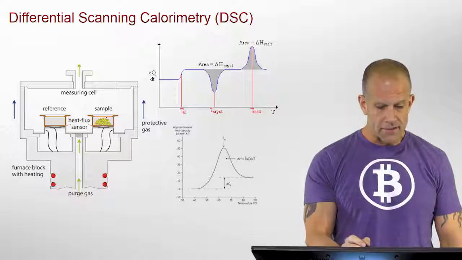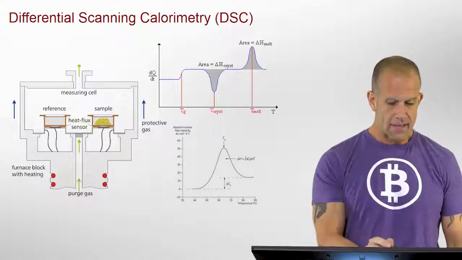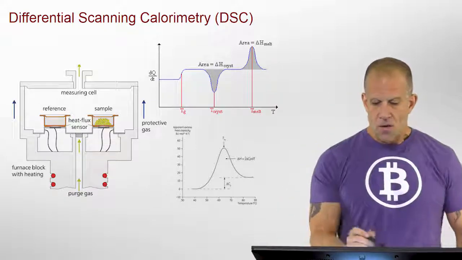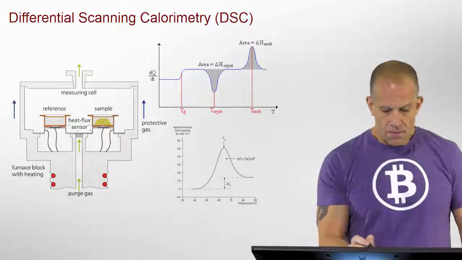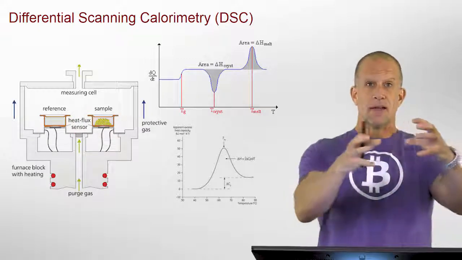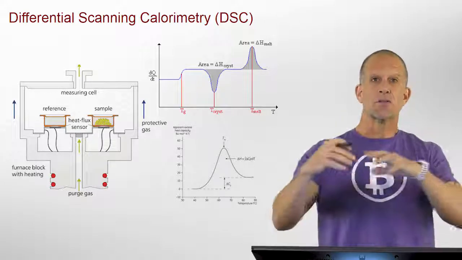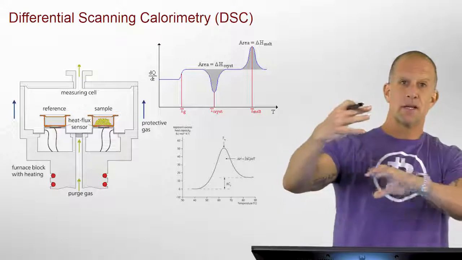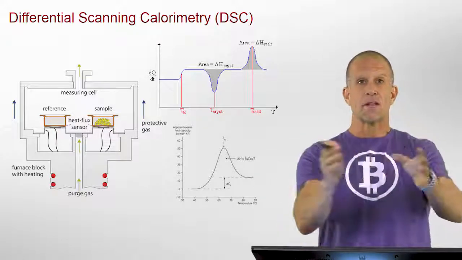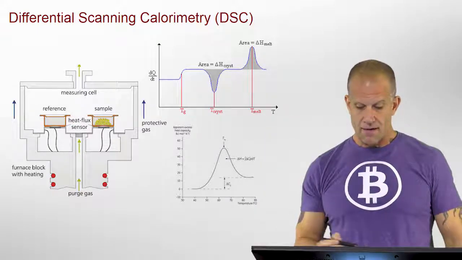We're doing this usually in a closed system where we have our sample in one container. Our reference contains everything except the sample. And we're watching the heat flow, trying at all times to keep these at the same temperature. But if your sample goes through an endothermic or exothermic transition, it will take extra power or heat flux to compensate to keep those at the same temperature, and that's what you're watching.